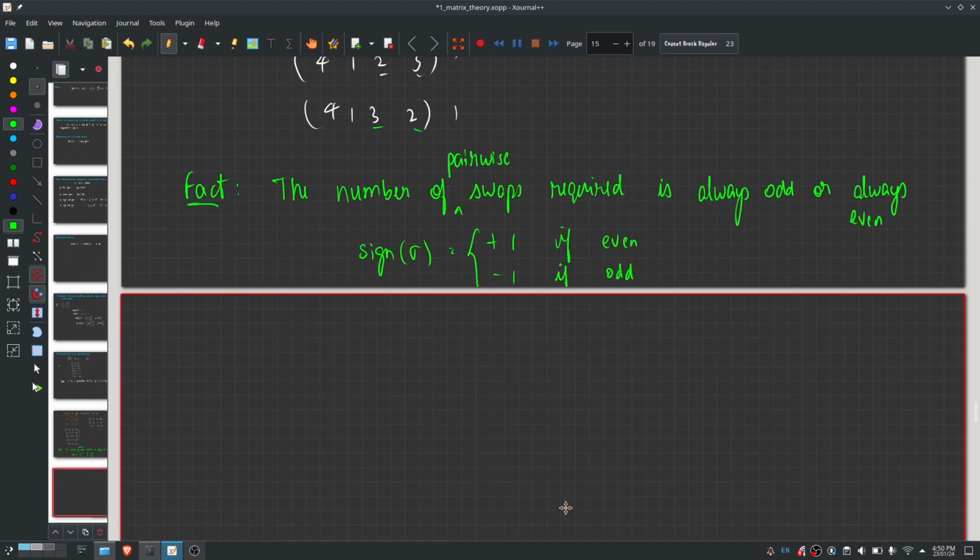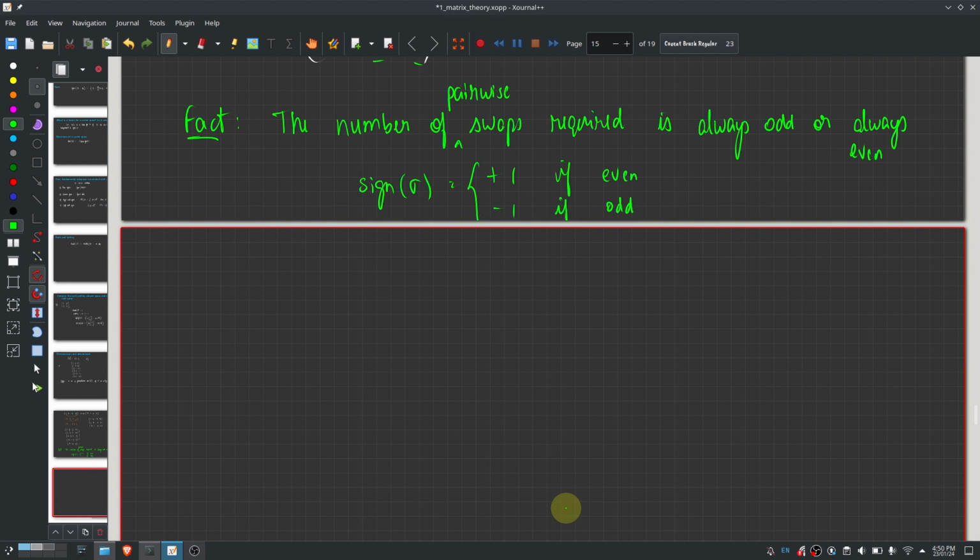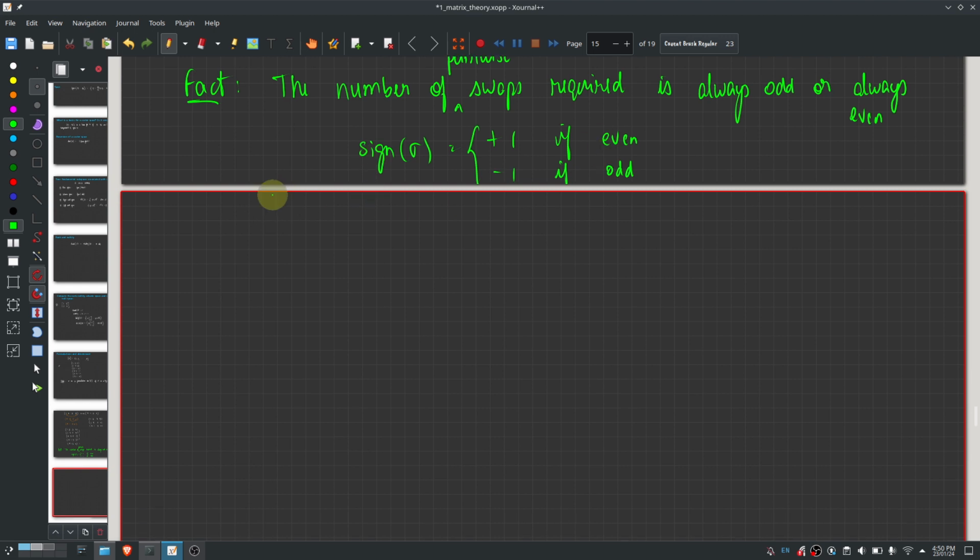Okay. So remember that sigma is a permutation. So it's a function from 1, 2, 3 up to n to 1, 2, 3 up to n. So using this, we can define the determinant of a matrix.